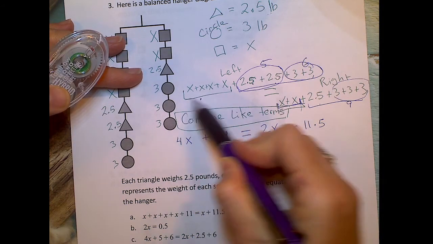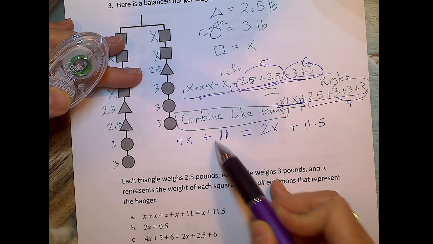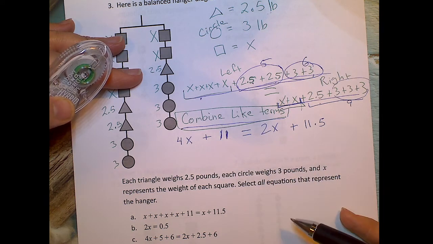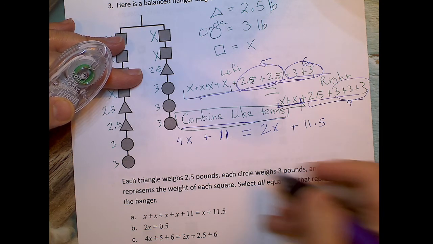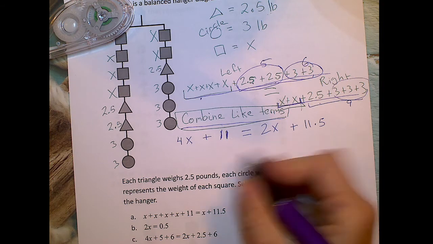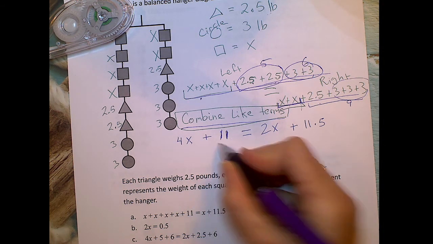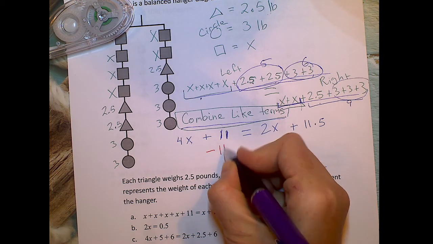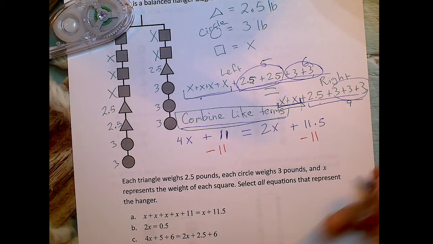So I went from this long equation to a more simplified equation where I combined like terms on the left side and on the right side. Well, I can simplify this even more. I can subtract some quantity from each side of the equation. So I want to combine this 11 and 11.5. Here's what I can do. Subtract 11 from the left side and subtract 11 from the right side.